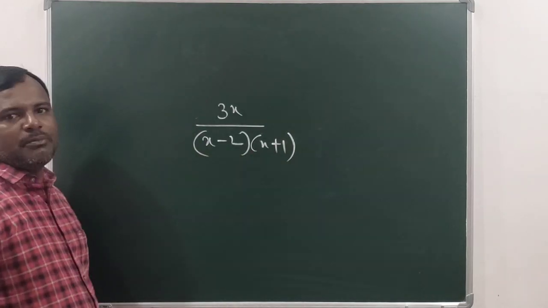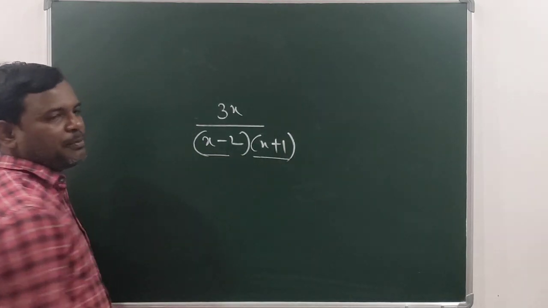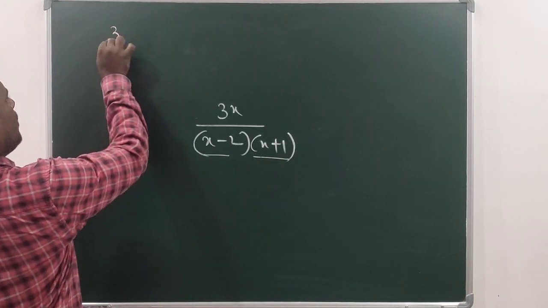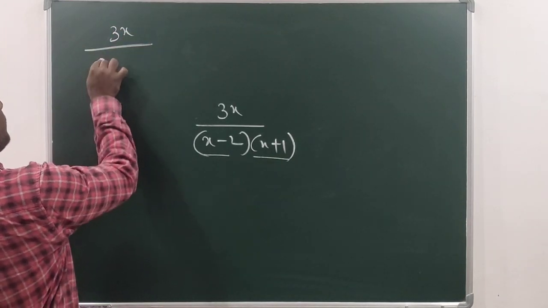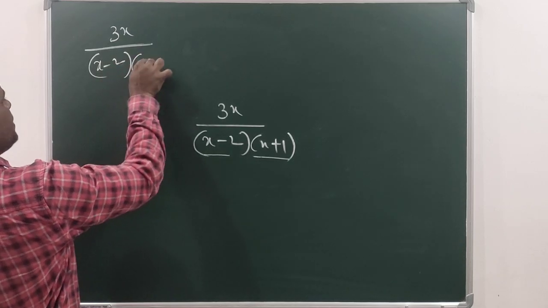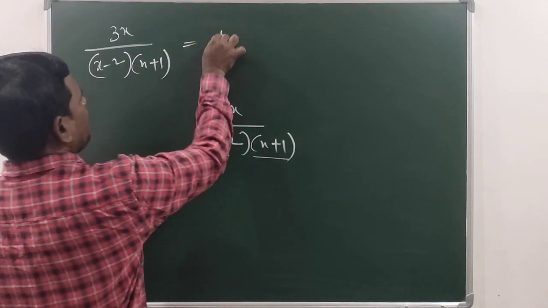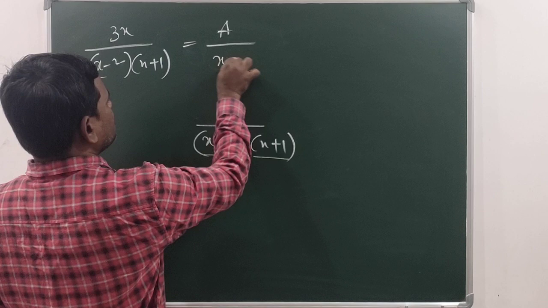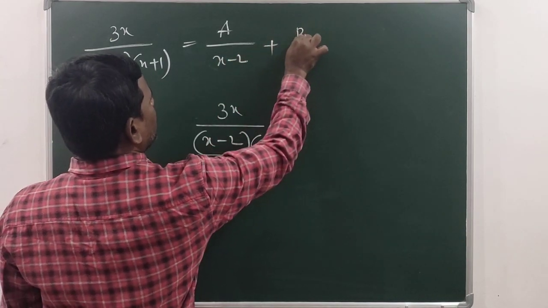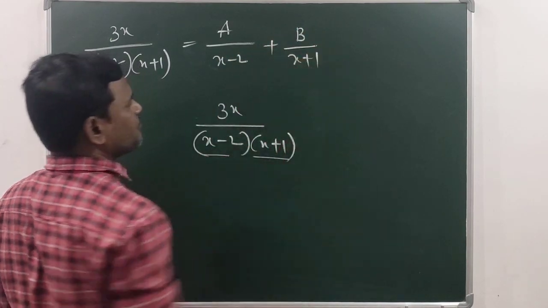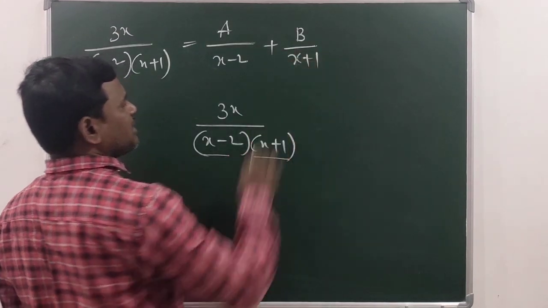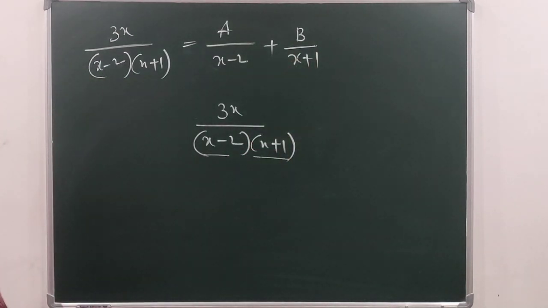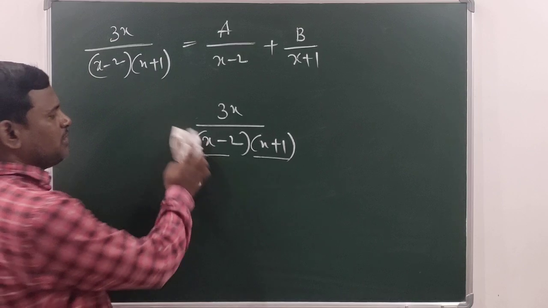Observe the denominator, which contains non-repeated linear factors. Now 3x / ((x - 2)(x + 1)) is equivalent to A / (x - 2) + B / (x + 1).